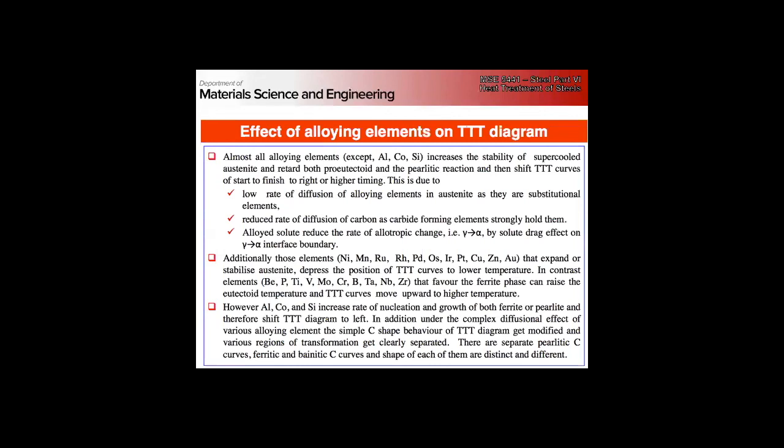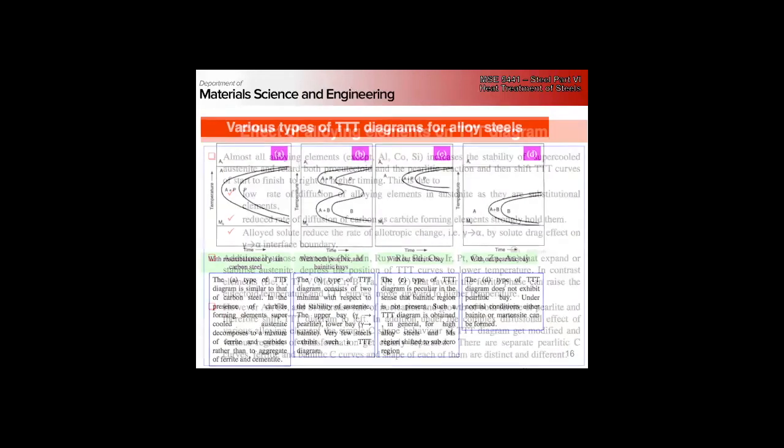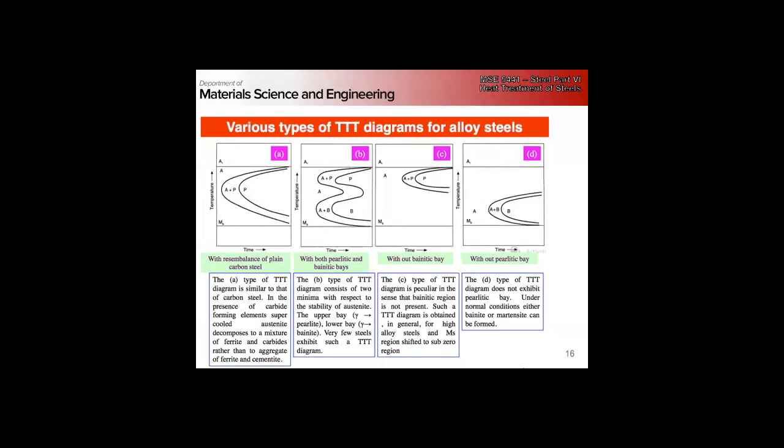Bainite is not quite as sensitive to alloying as the upper region. But what was the second part you said? Well, very little that you're going to be able to do is going to move it to the left. It's up and down.